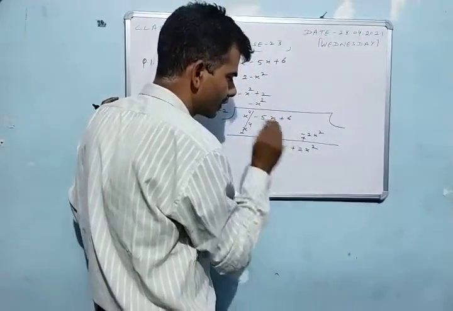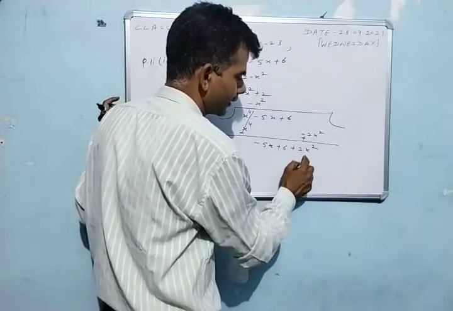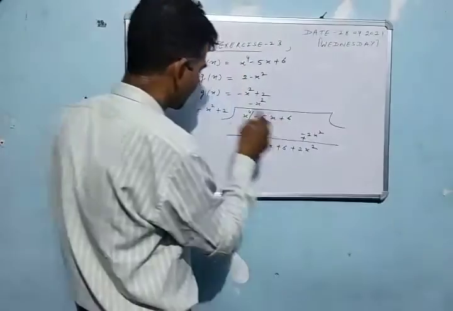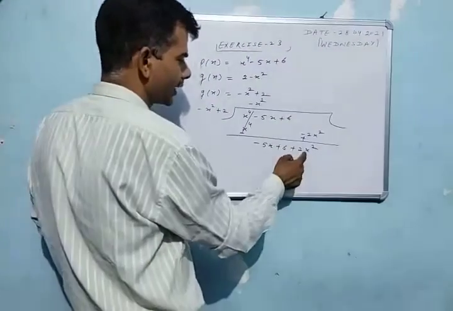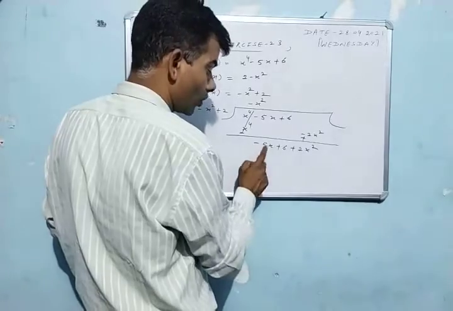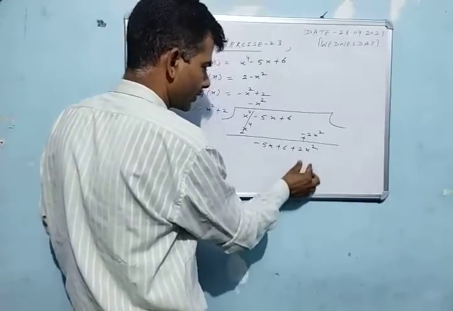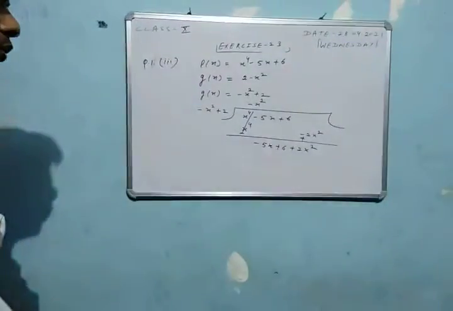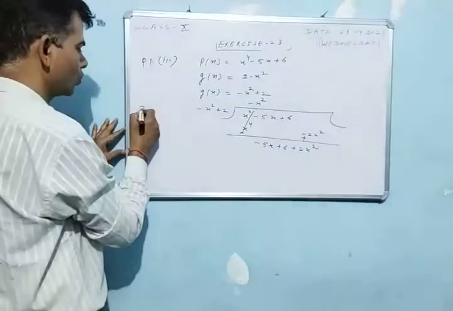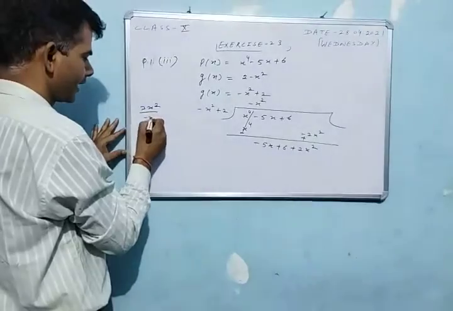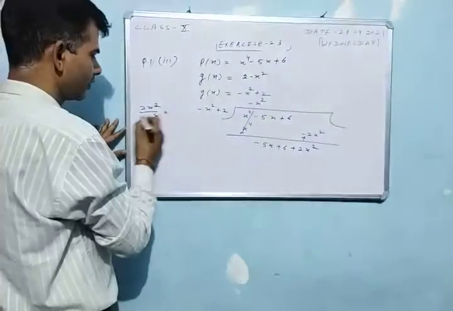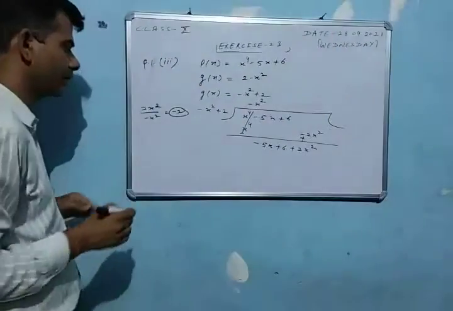Students, the highest degree here is 2x square, so minus x square will be multiplied by what to get 2x square, not minus 5x. The first degree is 2x square. So 2x square divided by minus x square, the result will be minus 2.